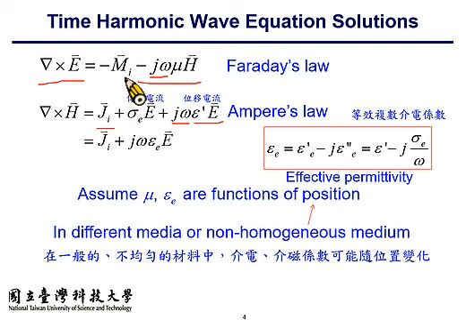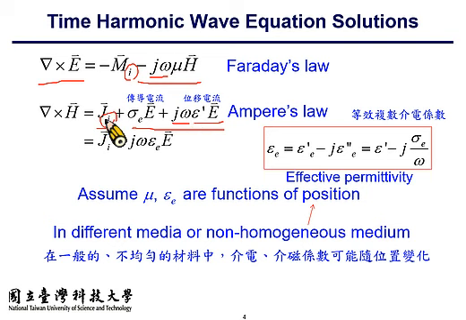Let's remind you that here you have Mi and Ji. I stands for impressed current. So this is the current applied from the outside, kind of the source, a forcing source to these equations. And the conduction current as well as the displacement current are kind of the result.